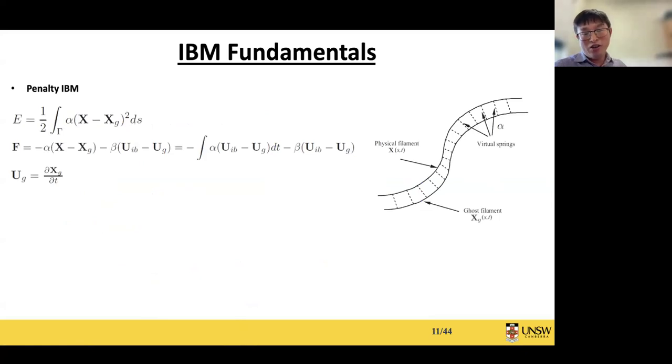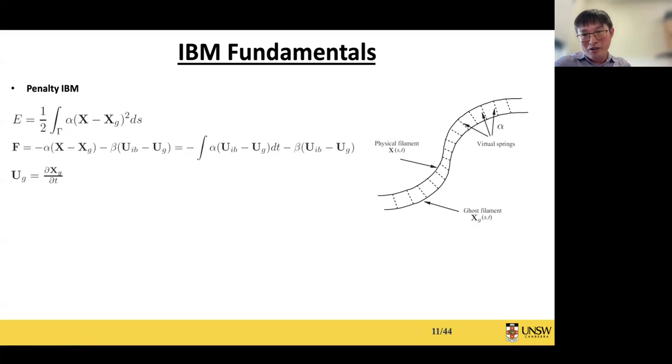For us, in order to consider larger density differences, we introduce a virtual boundary here, which we call a ghost boundary or ghost filament. Here you look at the two solid lines. One is a physical boundary, the other is a ghost boundary. The physical boundary directly interacts with the fluid, while the ghost boundary hides behind.